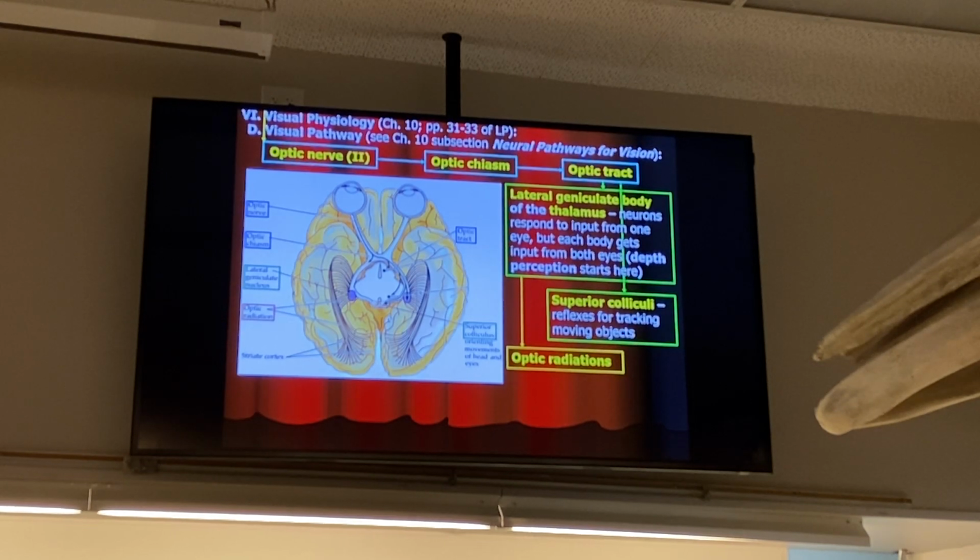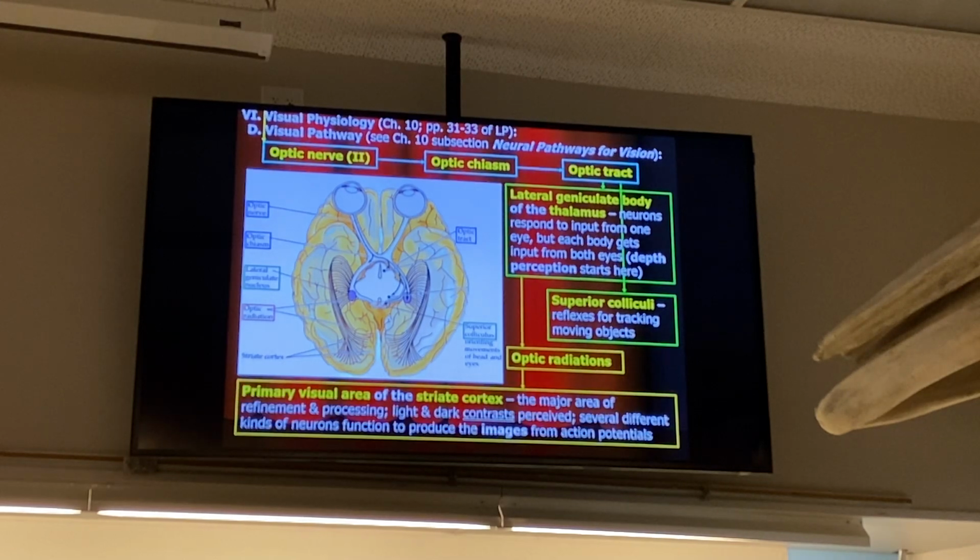And it's going to head to the occipital lobe, primary visual area of the occipital lobe. That's the visual pathway. This is optic radiations.